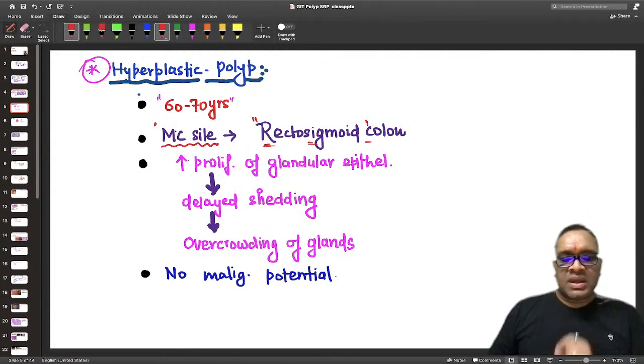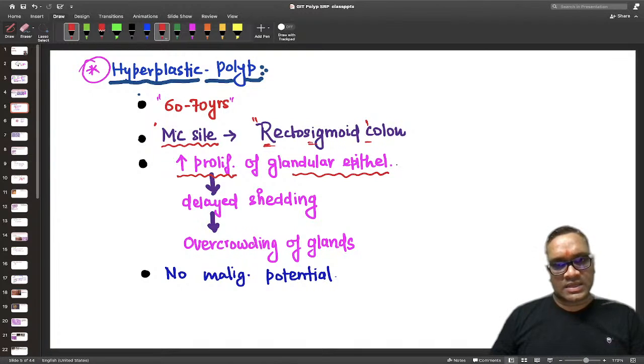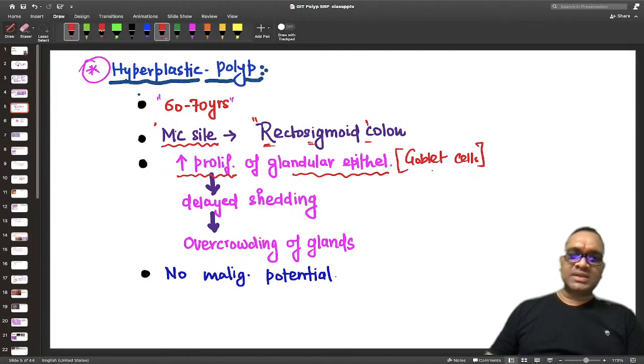What is the problem in hyperplastic polyp? There will be increased proliferation of glandular epithelial cells. You remember there were glandular epithelial cells containing goblets, right? These are actually goblet cells which are having hyperplasia.